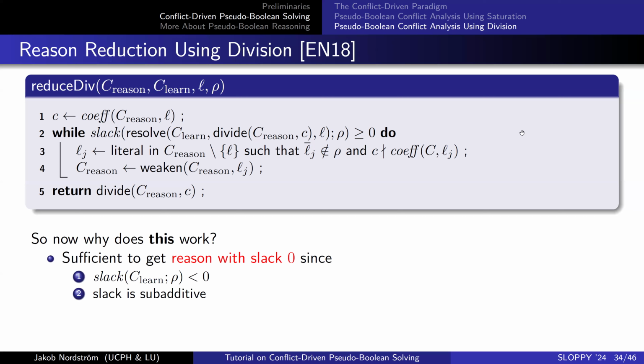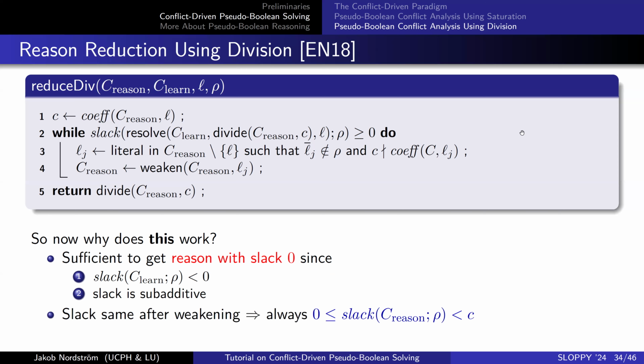And again, we don't have too much time to go into details, but this will probably work if I get a reason side constraint with slack 0. Again, because I know that slack is subadditive and I have negative slack on the conflict side. So by subadditivity, if I take a 0 slack thing and add it up with a negative slack thing, I'll get negative slack.